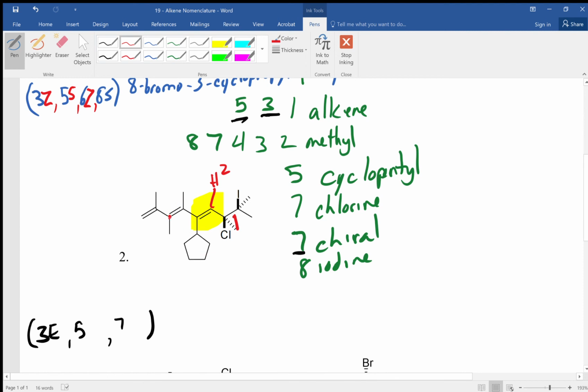But when we get out to this next spot where we have a carbon that's only bonded to carbons versus the next carbon in the cyclopentane ring has some hydrogens, we know that this has to be higher priority. Our higher priority groups are on opposite sides, so we have 5E.